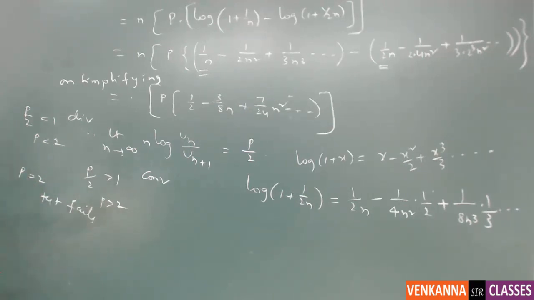Now one case remains with us, that if p is equal to 2, what happens? Now at this part we are going to make use of the second logarithmic test. So far we have used only the log test, and we are going to use the second logarithm test here.